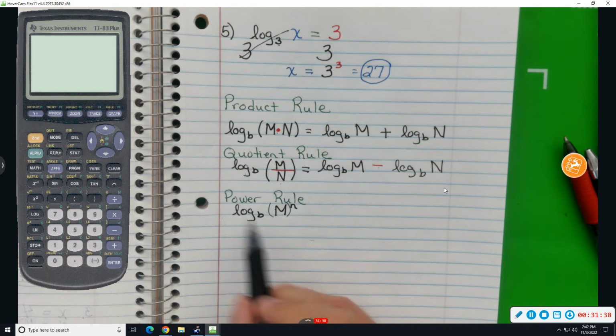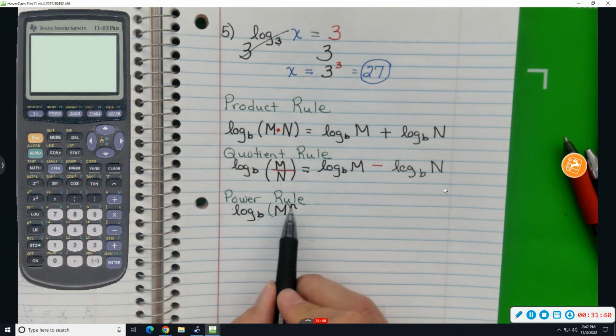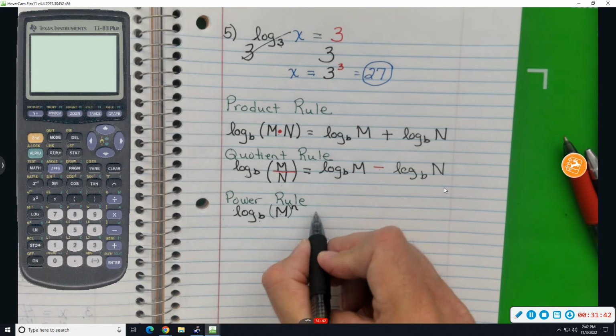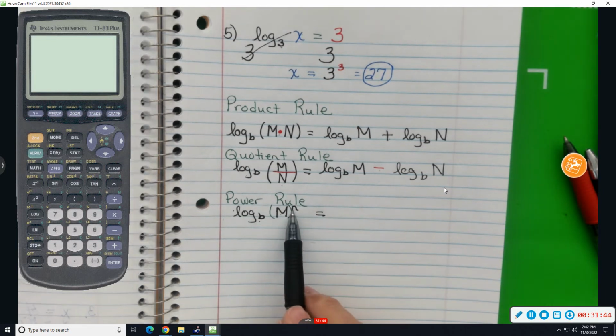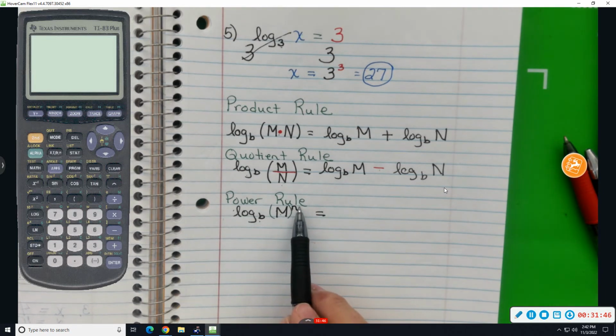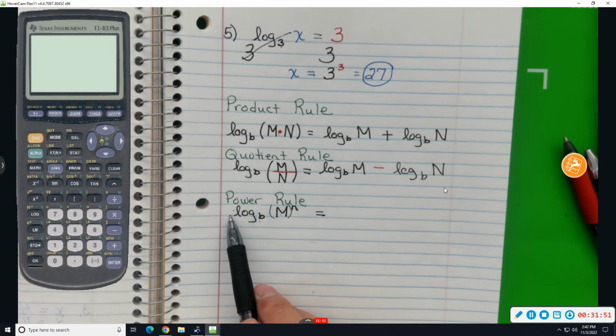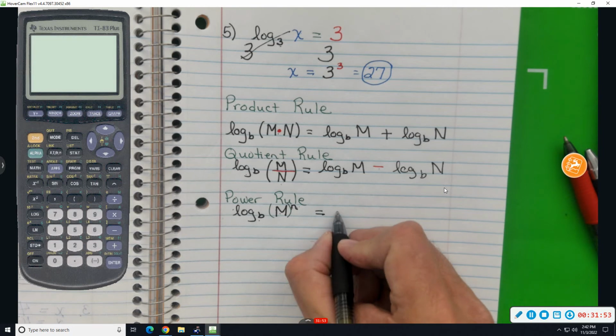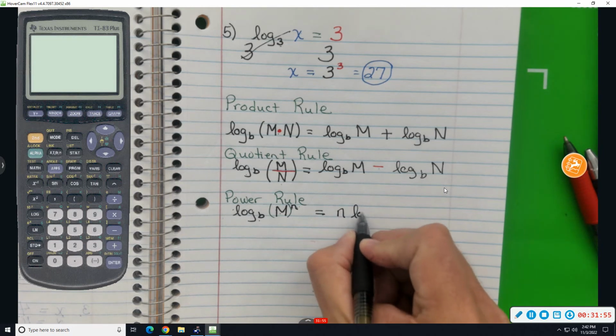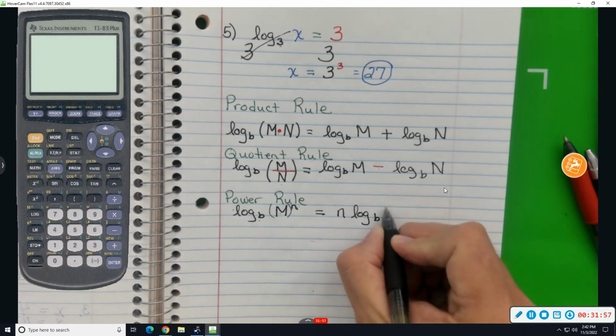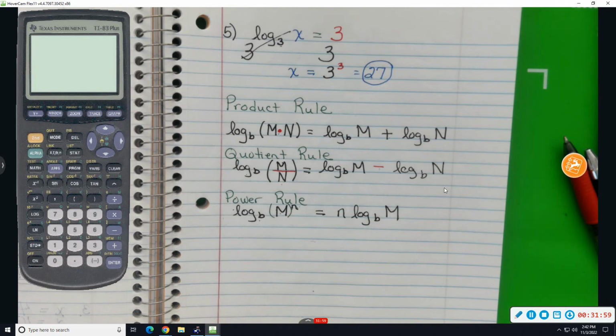Log base b of m to the n. If you have an exponent at the end of a logarithm, you can move that exponent down in front of the letter L and write it as n times log base b of m. If you have an exponent at the end of a logarithm, you can move that down in front of the letter L. Okay?